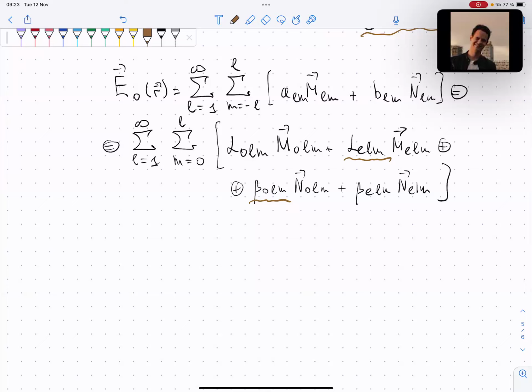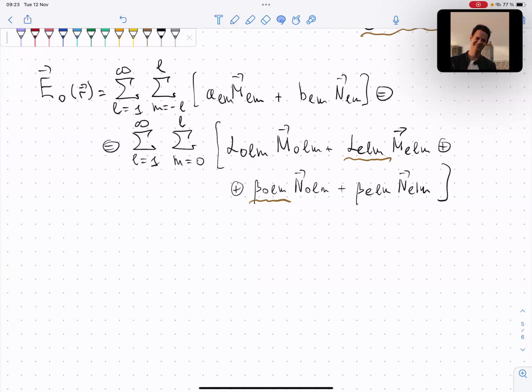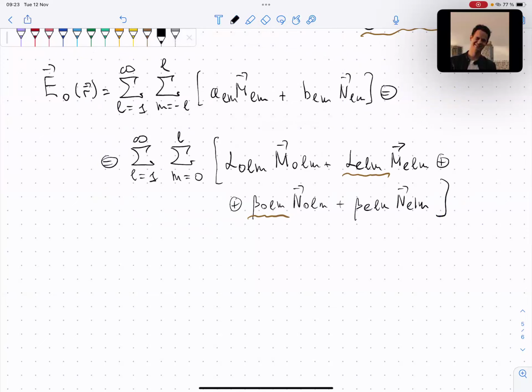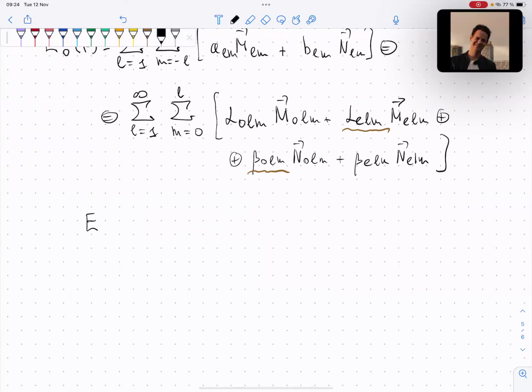This is basically the expansion of your incident field in terms of some basis functions. For example, if your incident field equals M_e10 of r, obviously you will have only alpha e01 equal to 1 and all other coefficients equal to 0.